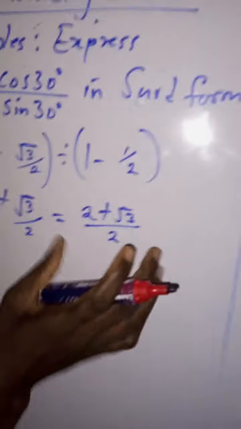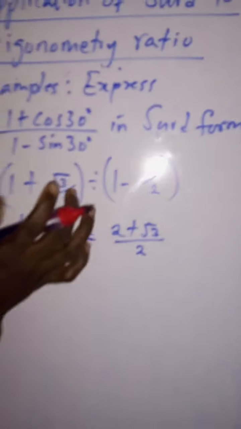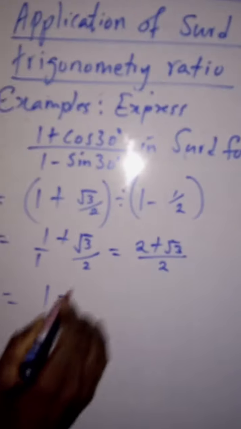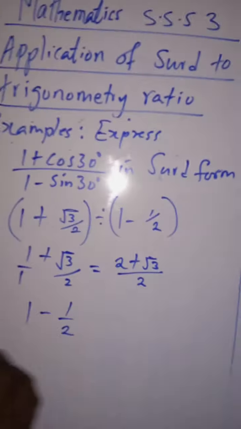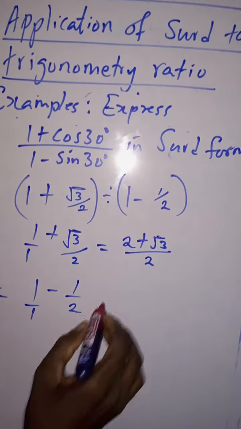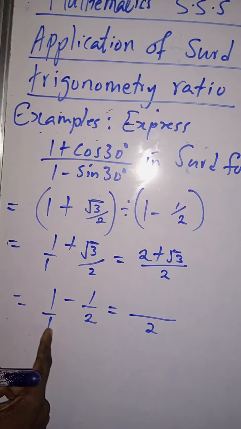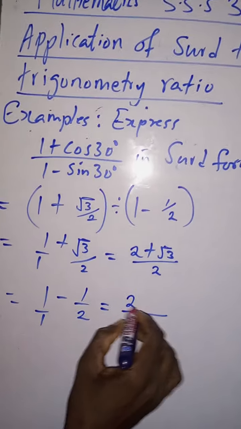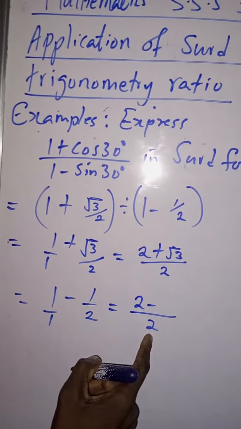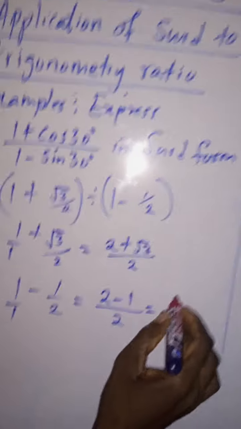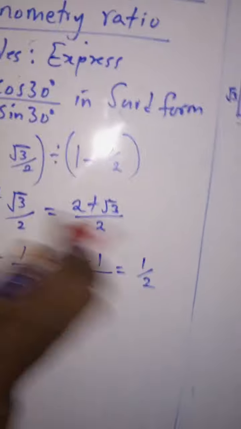We are going to have this as the answer of this. Now let me solve this. This one will give me 1 minus 1 over 2. This one will now be 1 over 1. The LCM will be 2. So 2 times 1, 2, minus 1 times 1, 1. So of course this one will give me 1 over 2, the total of this one.